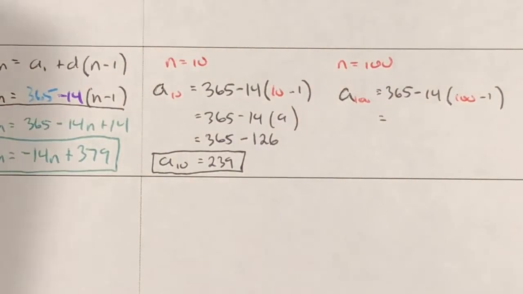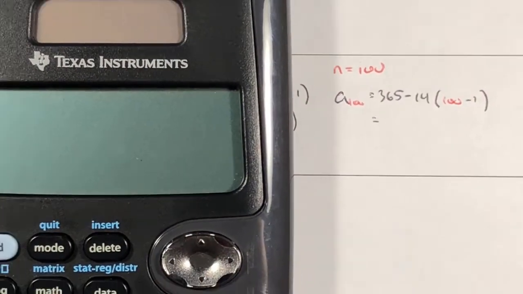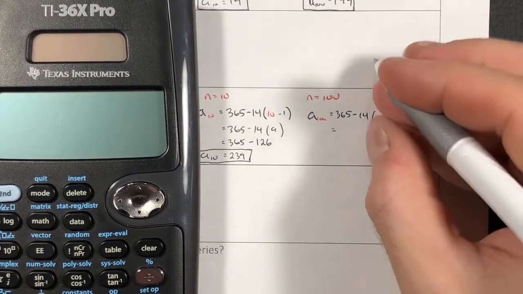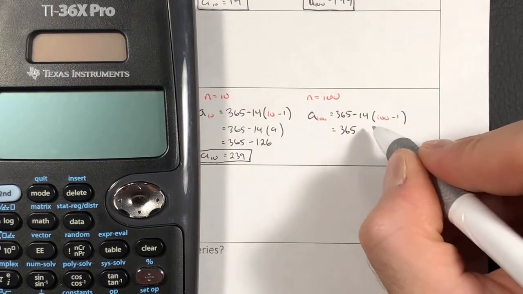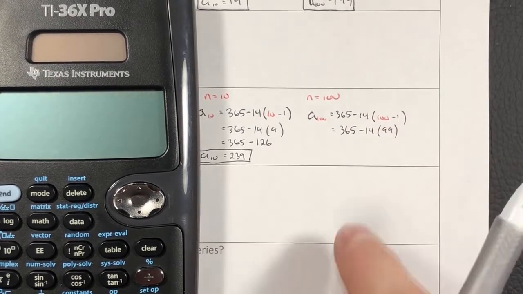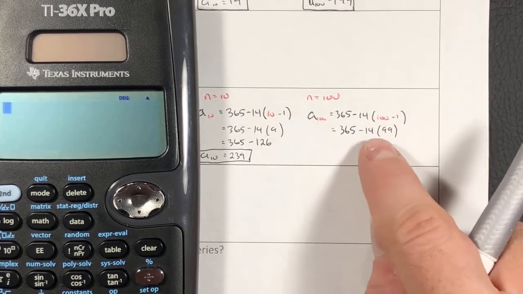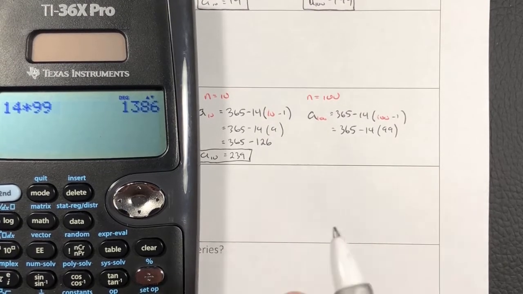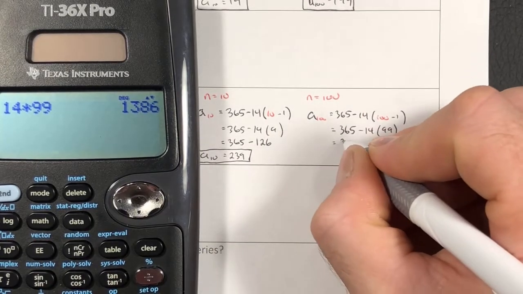So with this one, we're going to pop out a nice little calculator so that we can figure out some of this arithmetic, because I don't trust myself to do the larger numbers. Minus 14 times 99. And so here's where we get it. Actually, we could have done this because it's 140 minus 14, but why not? We've already got this. So 14 times 99 is 1,386.